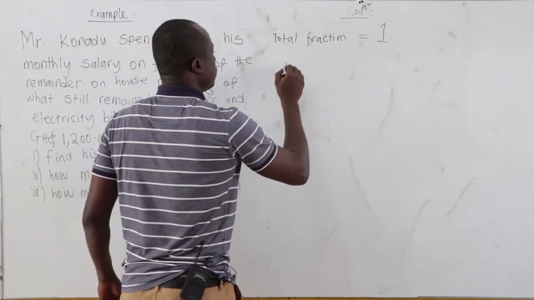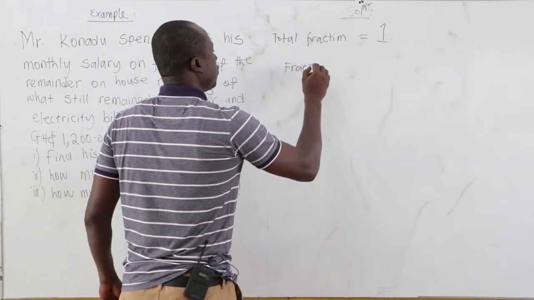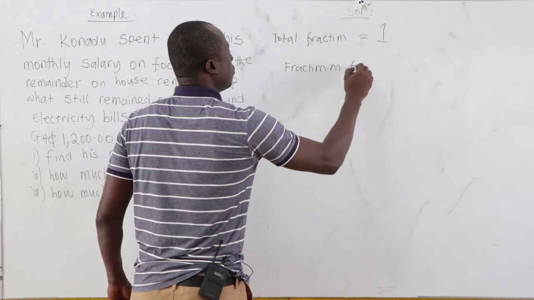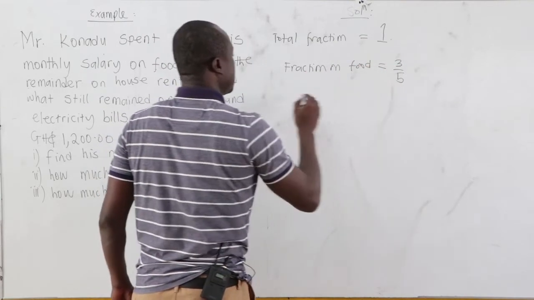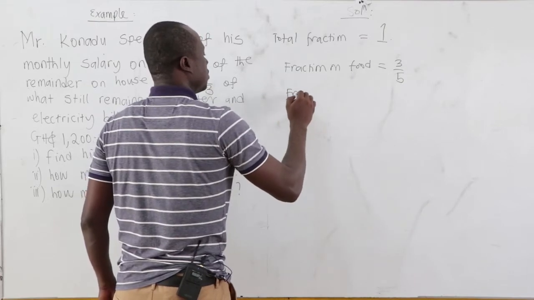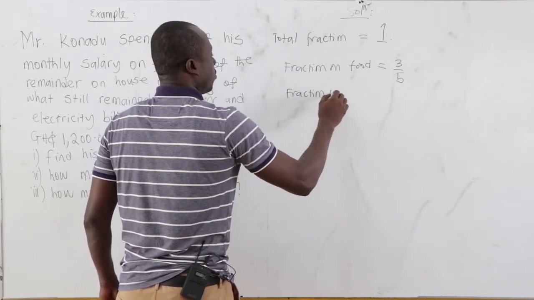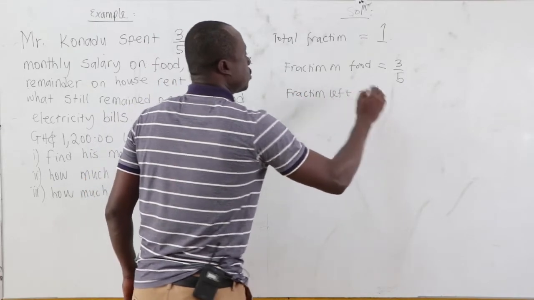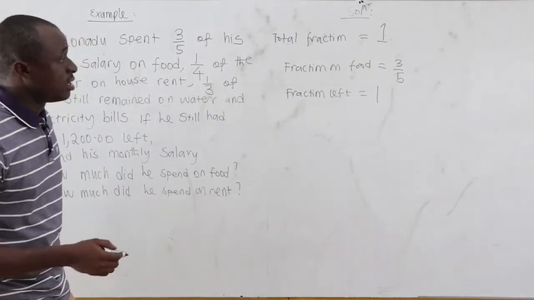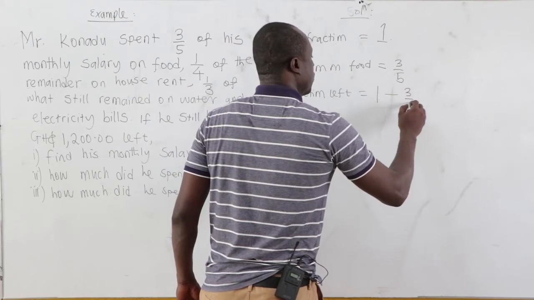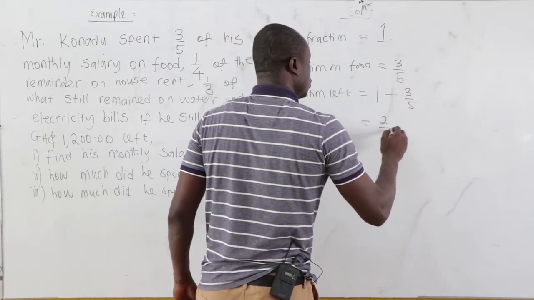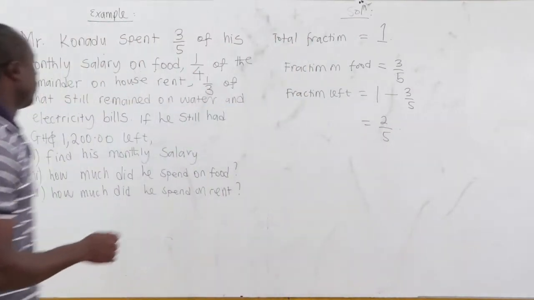So fraction on food, that is 3 over 5. Now let's find the remaining or fraction left. The total is 1 and then he has spent 3 over 5 of it. So the remainder will be 1 minus 3 over 5, and this is just equal to 2 over 5.